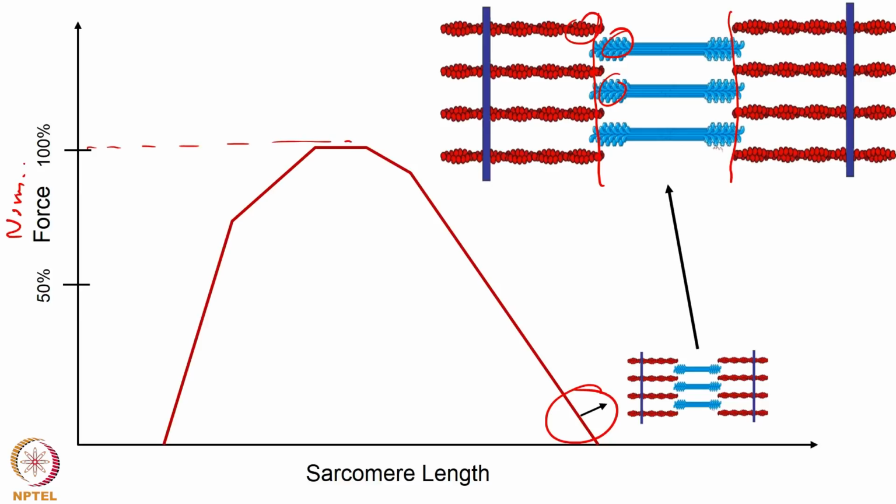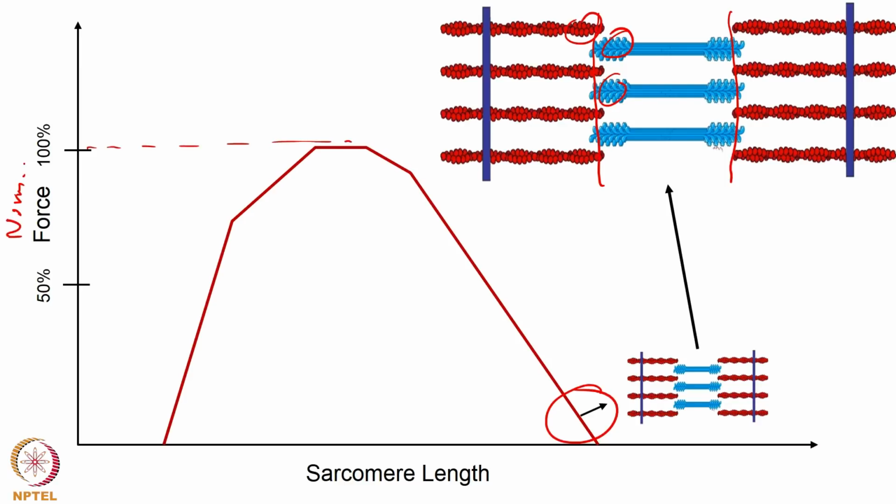So, this is the reason why you have a non-monotonic relationship between force and length in a sarcomere. As the length increases, the force increases until some point, like it happens in a spring.